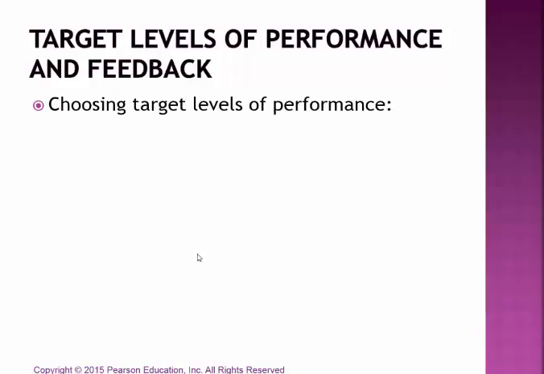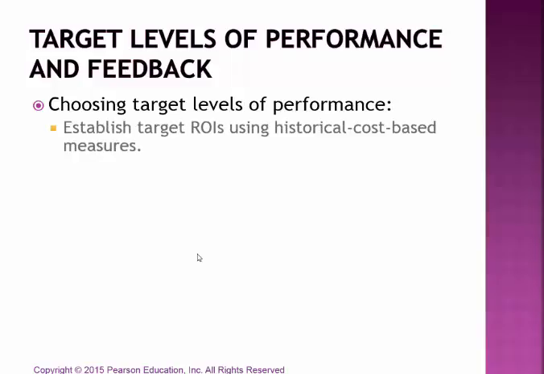Choosing target levels of performance, we need to consider that we have historical cost-based measures that we're using, and we can go about establishing target ROIs with those past performance numbers and consider those initiatives for improvement and cost reduction and revenue and sales increases, and select what we want to be the target performance ratio result.